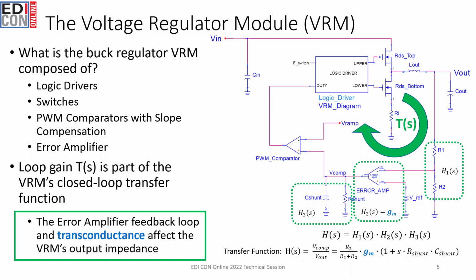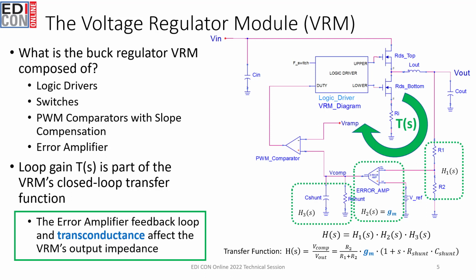First, let's quickly cover what makes up a VRM, more specifically a buck regulator. A VRM is typically comprised of logic drivers, switches, PWM comparators with slope compensation, and an error amplifier. The loop gain of the VRM system is defined as the product of the transfer functions along the closed control loop. Here we can see there are three products that create the overall transfer function.